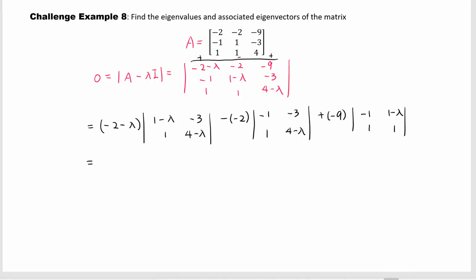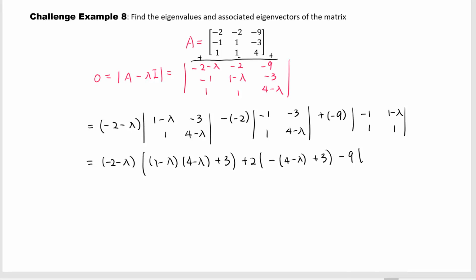Okay, let's continue. So this is minus 2 minus lambda of 1 minus lambda, 4 minus lambda, minus negative 3, so plus 3 times 1. Negative becomes positive. 2 times minus 1 times 4 minus lambda minus negative 3, so plus 3.